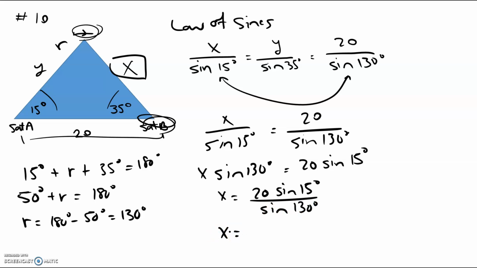Okay, so the distance between satellite B and that airplane should be 6.76 miles. And that will be your final answer.